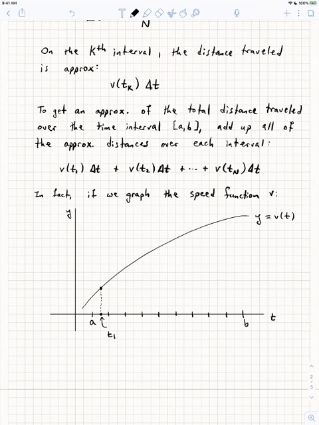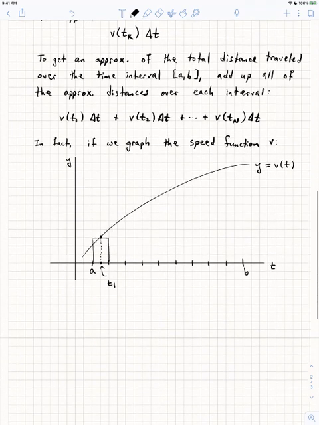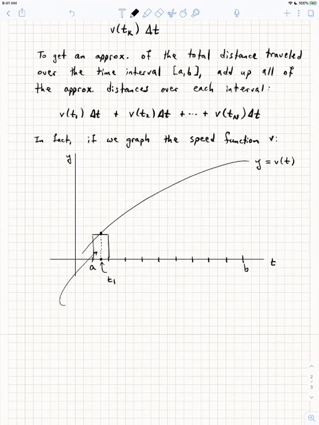And if I draw a horizontal line over the whole interval, notice what the area of that rectangle is. Area of the rectangle is equal to the height, which is v of t1, times the duration of time, which is delta t.